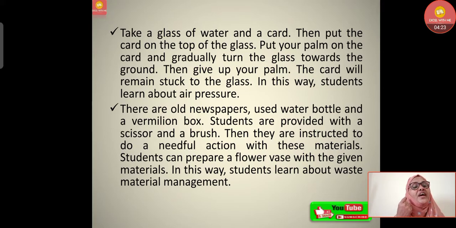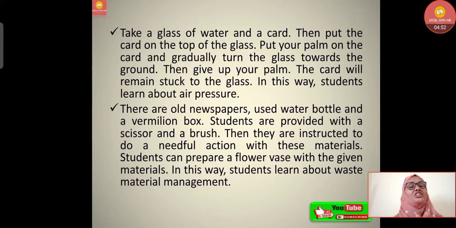Teachers are very creative. They can use each and every method or strategy or technique to make the students understand that concept thoroughly through some hands-on experiences. There are old newspapers, used water bottles and a vermilion box. With these also, students can be provided with scissors and a brush.